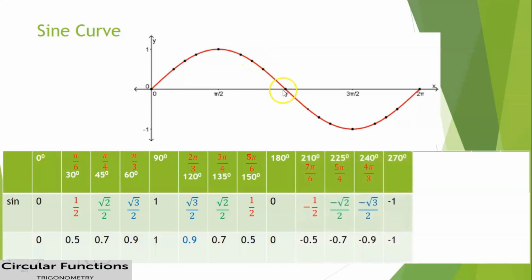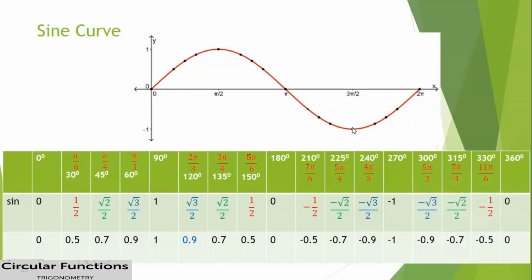In the third quadrant, this is 210, which is negative 1/2. 225 is negative 0.7. And sine 240 is negative 0.9. And sine 270 is negative 1. And in the fourth quadrant, these are the movements of the sine curve. It will increase until 0.